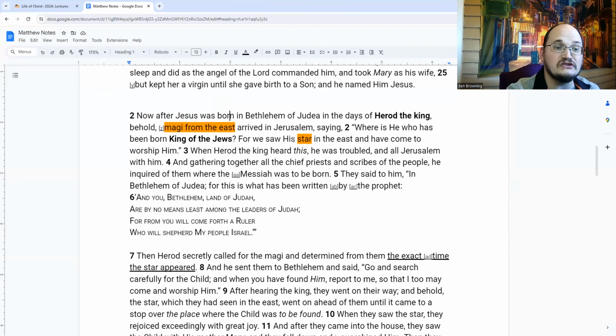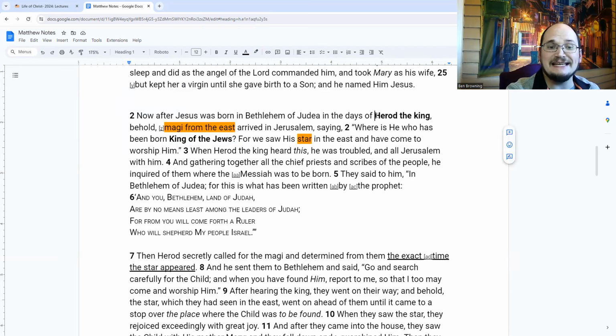For we saw his star in the east, and we have come to worship him. Now, this is really important. I want you to grasp this. Notice the contrast here. Herod the king. Yet they're asking for whom?